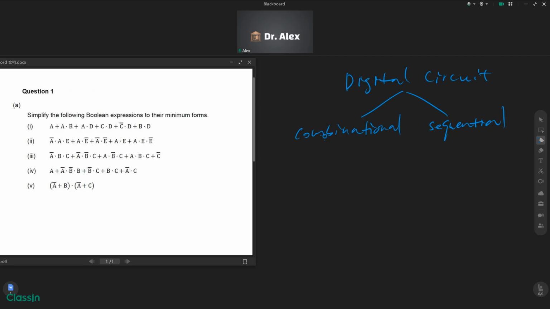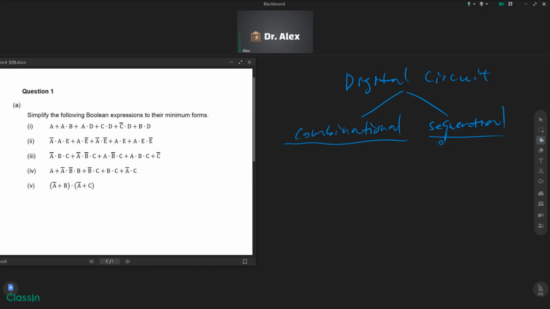Combinational is about logic gates, such as AND gates, OR gates, NOT gates, and the sequential is about the time passed. It will be pushed by the clock signal, so it's about the state machine, flip-flop, latch, something like that.